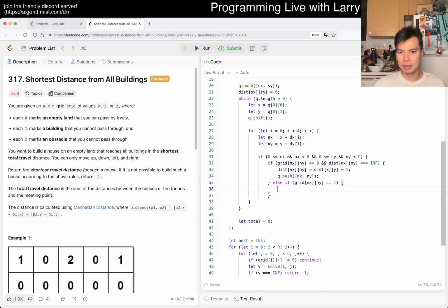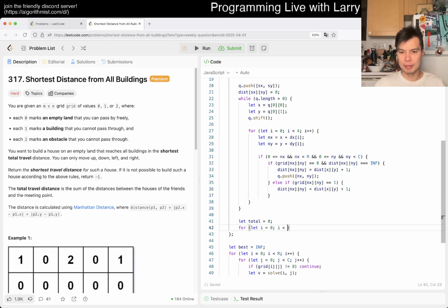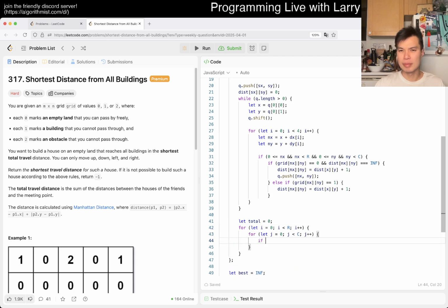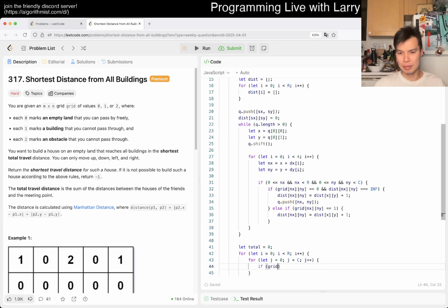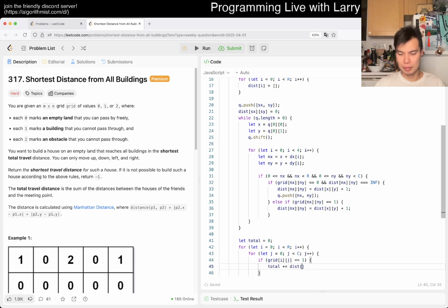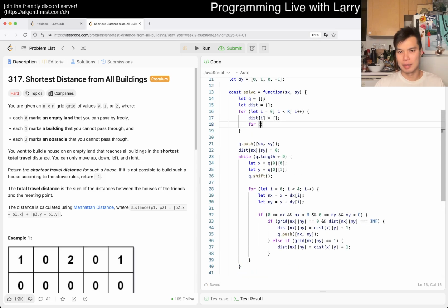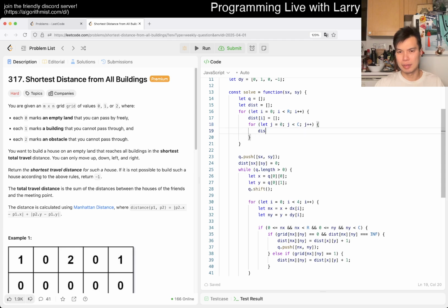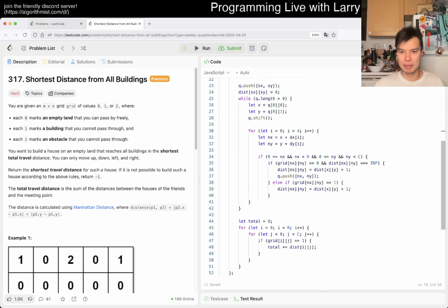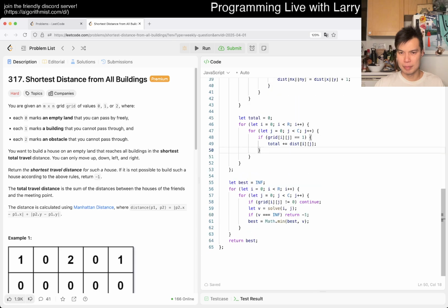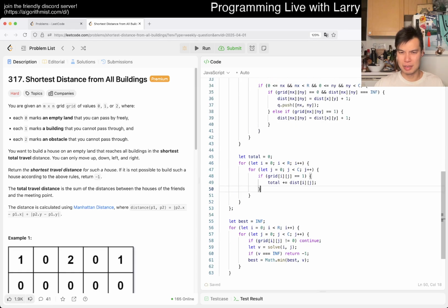So we do this, but we don't enqueue maybe, and then now we can go to, okay, and just return total.